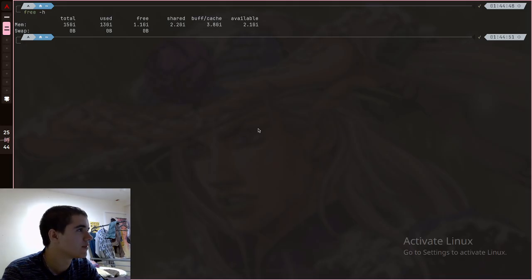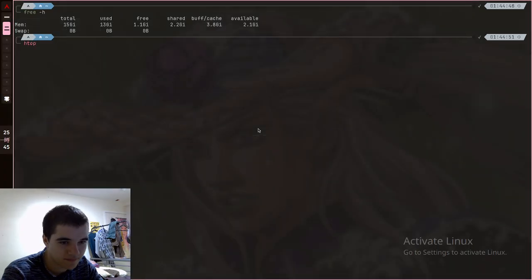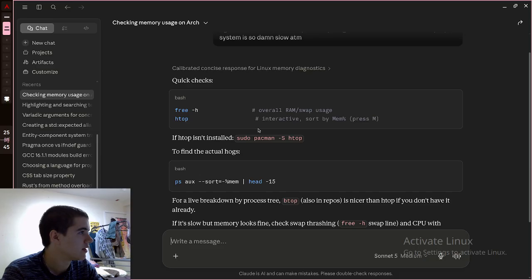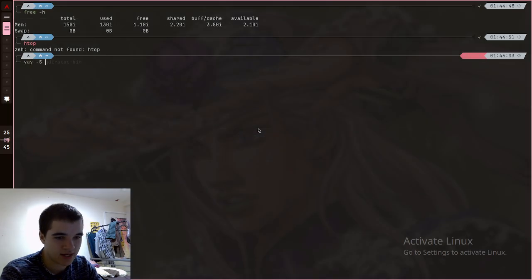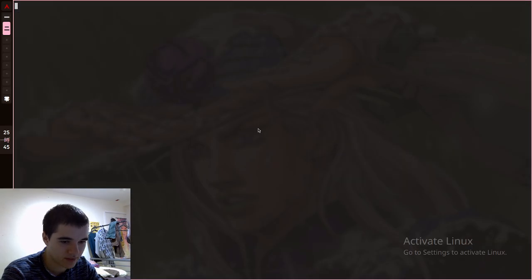So what's going on? htop. I don't have htop. Yay -S htop. Yes. htop.